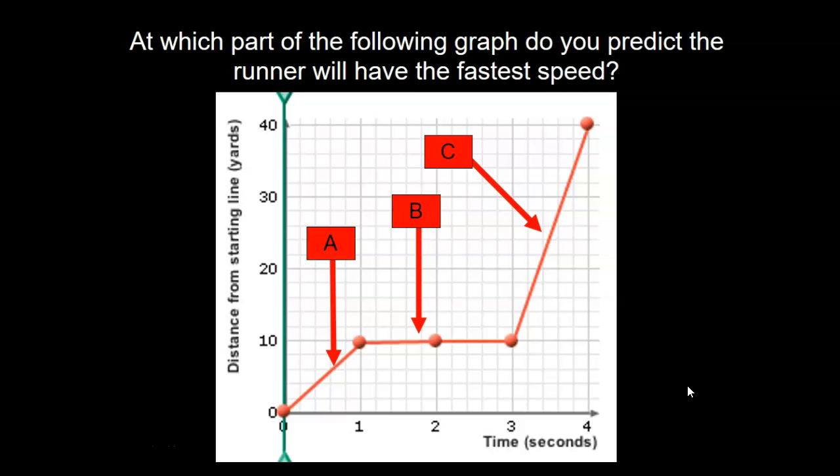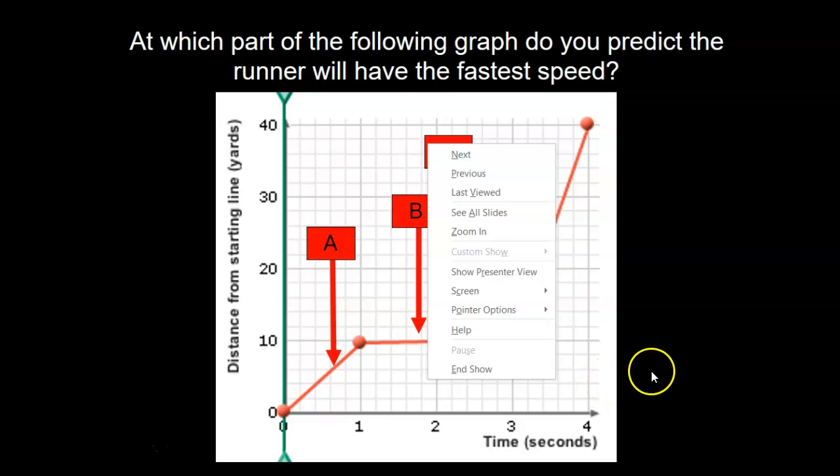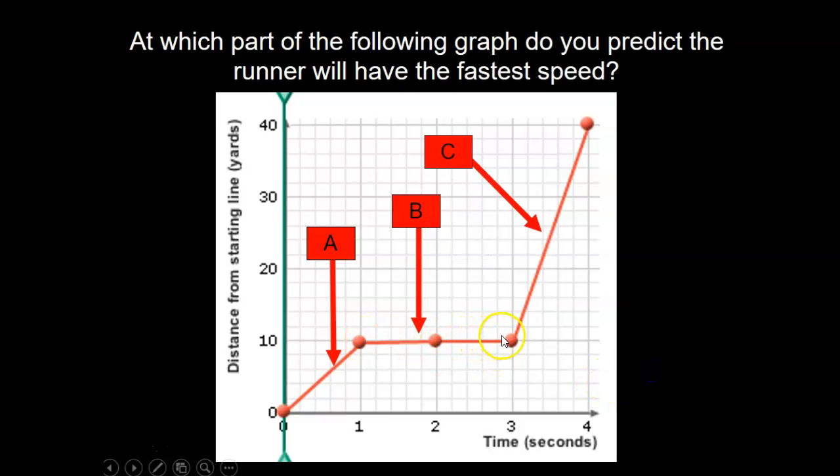Where is the runner going to have the fastest speed? So part A, part B, or part C? C. Why C, Matthew? Because it's steeper. All right, so if you choose B, then you're totally wrong, because you stop right there. And A is not steeper than C, so A is going to go a lot slower.